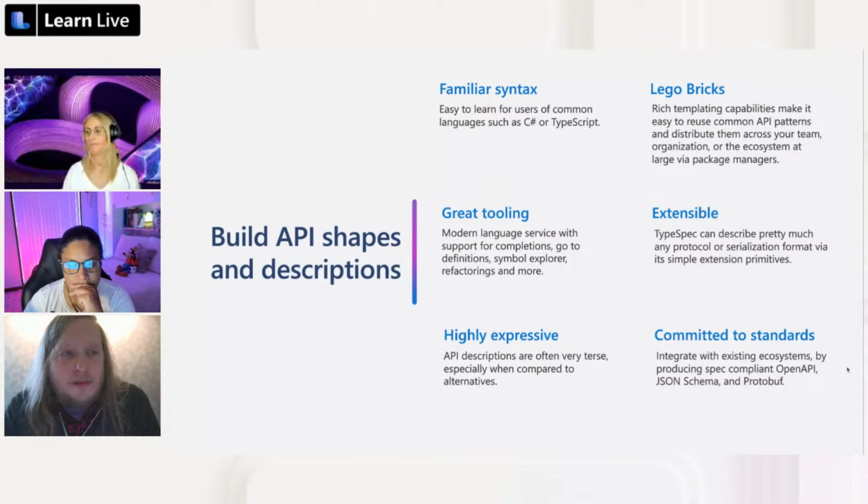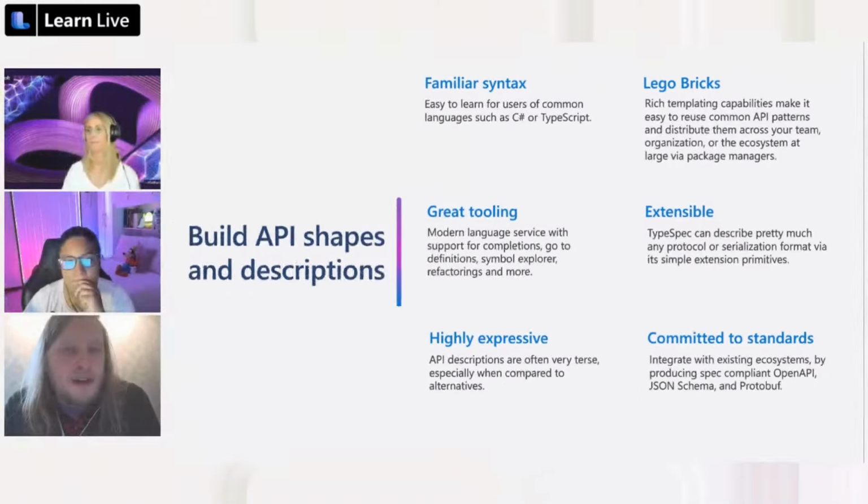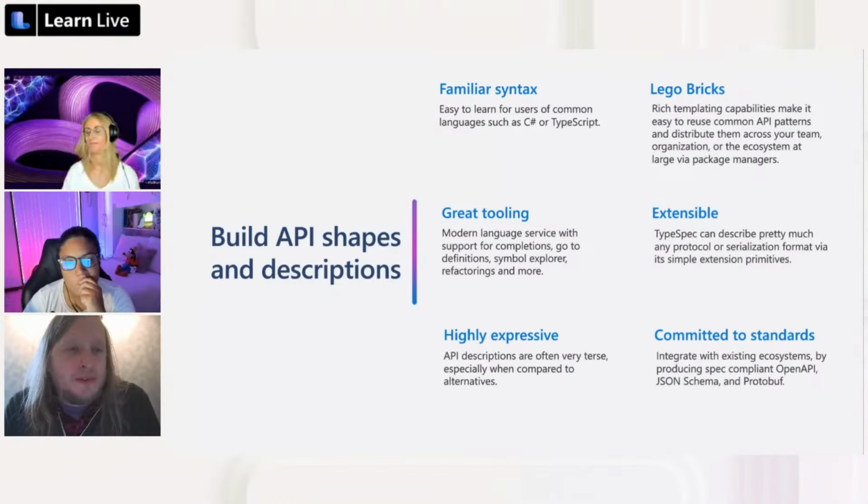It's also extensible, especially combined with the custom emitters that you can build. TypeSpec lets you define your own metadata, which lets you describe business constraints or other protocols or basically anything that you can augment your API shapes with this additional metadata that can drive the generation of higher quality assets.